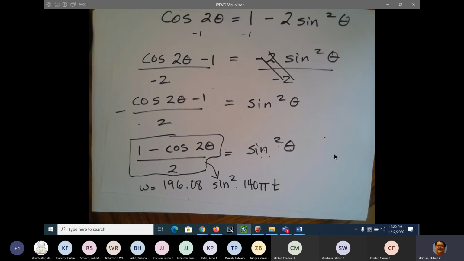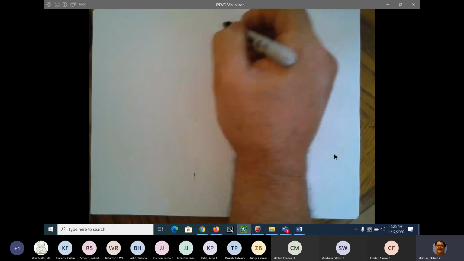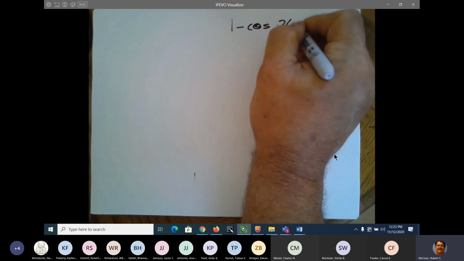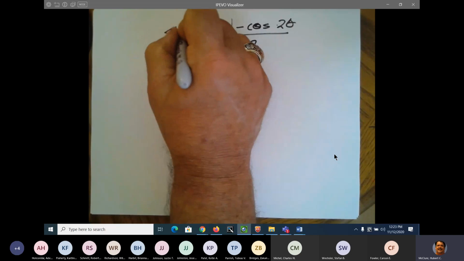Now, when you substitute that in, that's going to be cosine of 2 times 140 pi t over 2. So I'm going to go to the next page and rewrite that, except this time, I'm going to put 1 minus cosine of 2 theta over 2 is equal to sine squared theta.